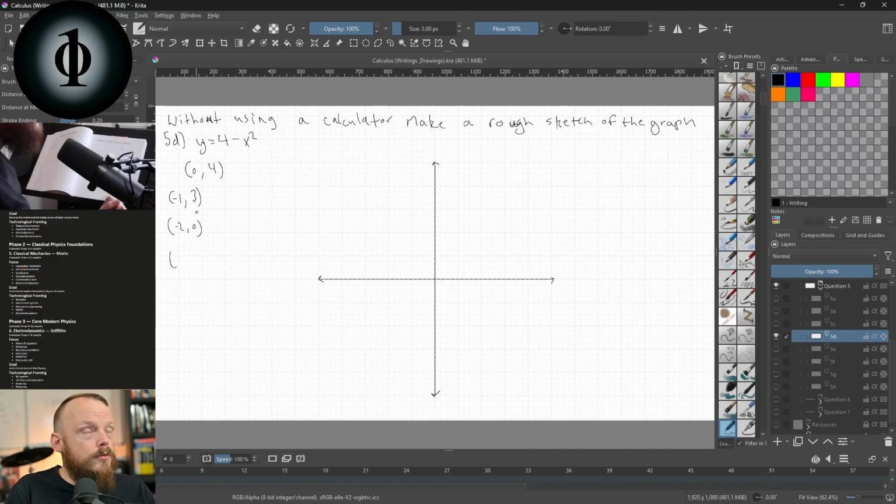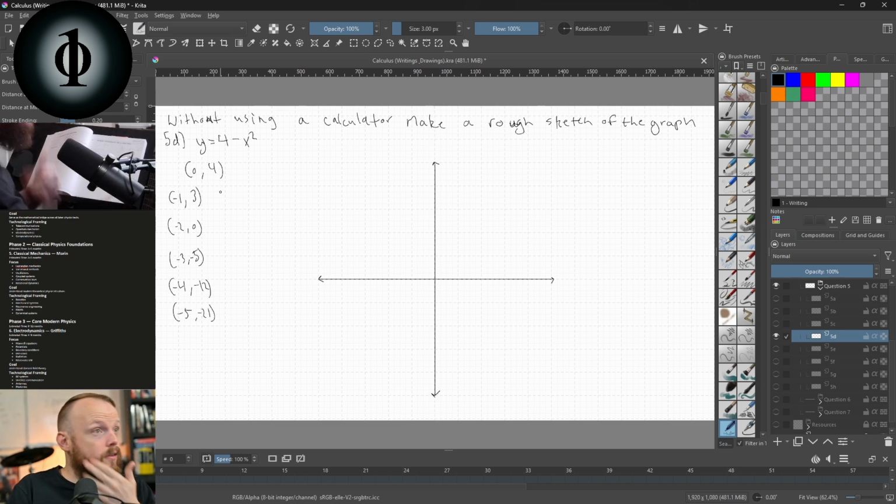When x is -3, -3 squared, 9, 4 minus 9 is -5. So -3, -5. When x is -4, 16, 4 minus 16, -12. Really, I'm just plotting them until I surpass 20, because my bounds are 20. So -5 squared, 25, -21.